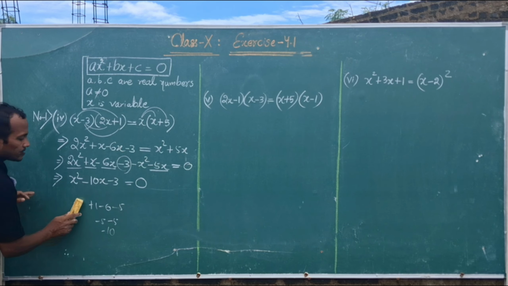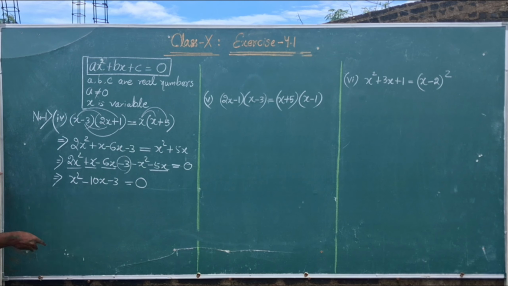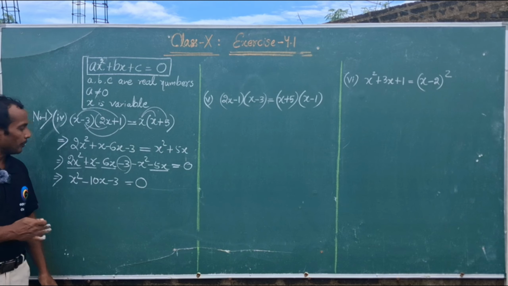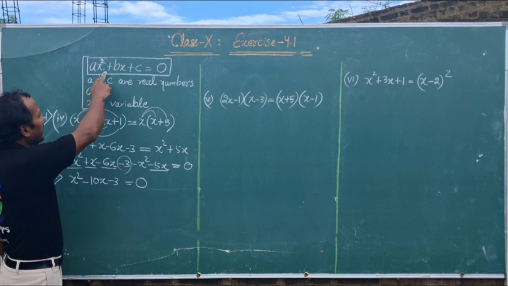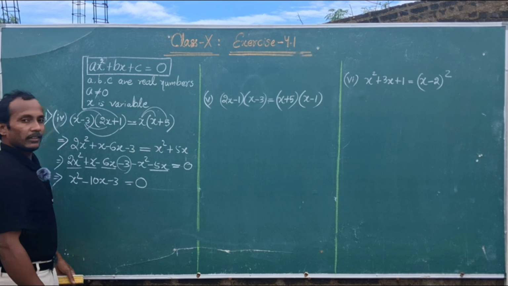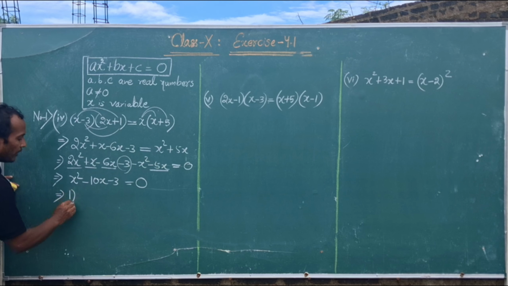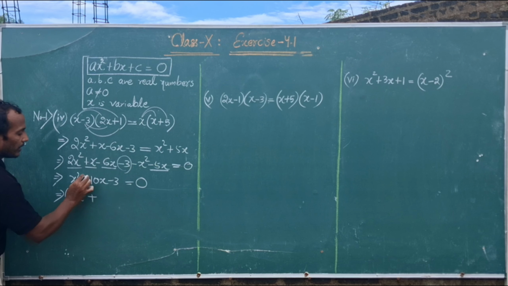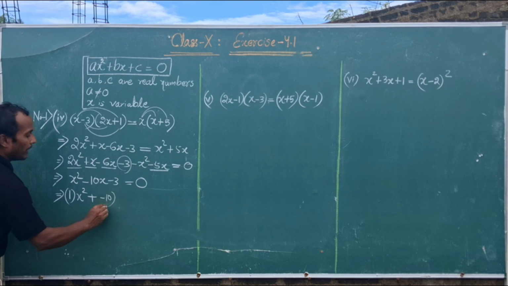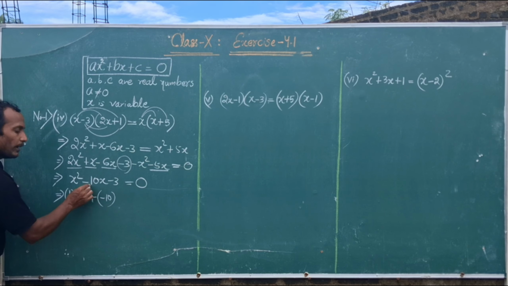Now, is it the simplified step? Yes, this is the simplified step. Let us compare it with the standard form ax square plus bx plus c equals 0. Does it follow? Yes. You can see the coefficient of x square is not 0, it's 1. And then plus bx plus c. Who is b? Minus 10. Minus 10 upon multiplication with plus will give you minus 10 only.